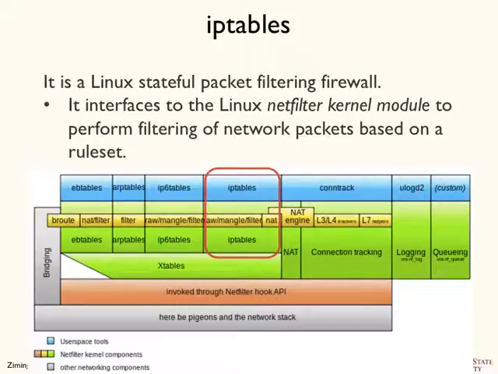There are ebtables that handles a data link layer firewall, and there are ip6tables to handle IPv6 firewall, and conntrack, which is a module to maintain the status of TCP connections. So conntrack is also used by iptables because iptables is a stateful firewall. And underlying, they all use this netfilter kernel module.